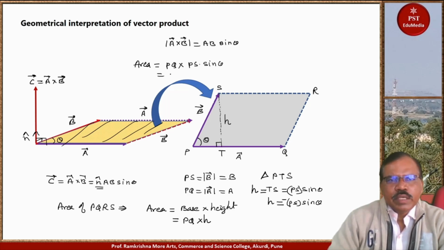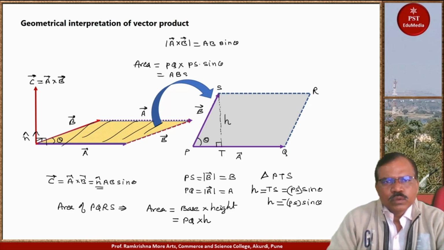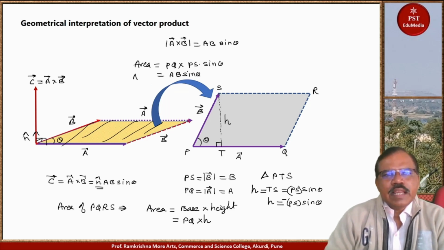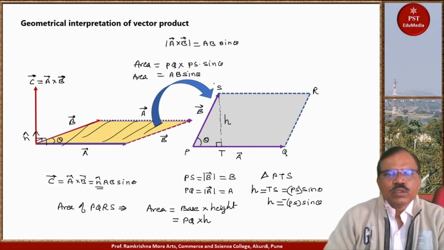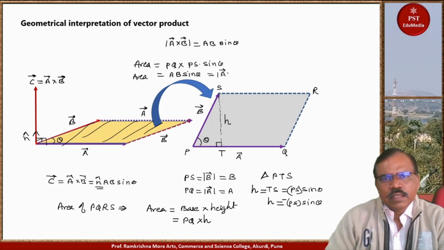Now PQ is magnitude A, PS is magnitude B, into sin theta. So this is the area of the parallelogram formed by two vectors A and B, which is nothing but the magnitude of A cross B.